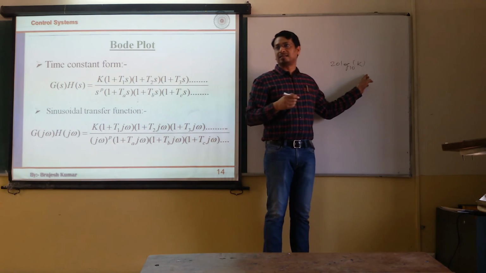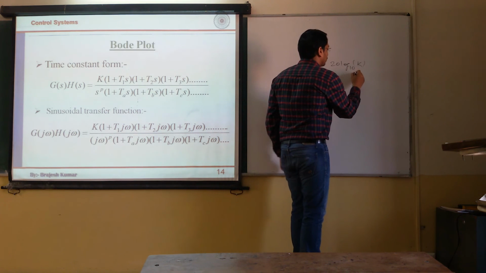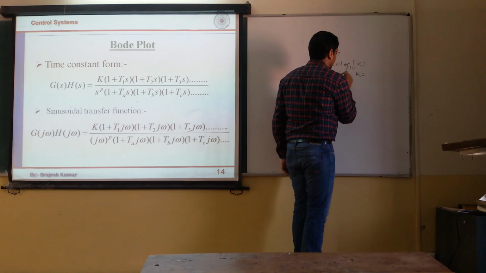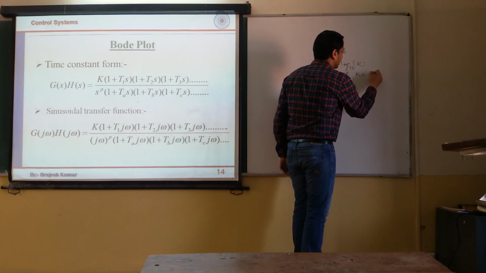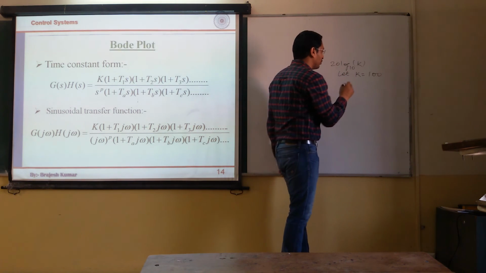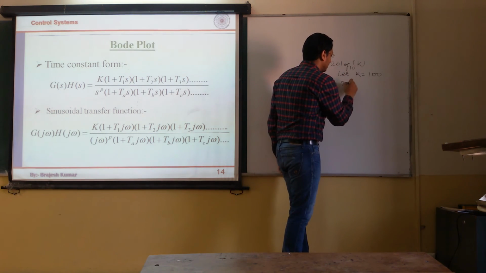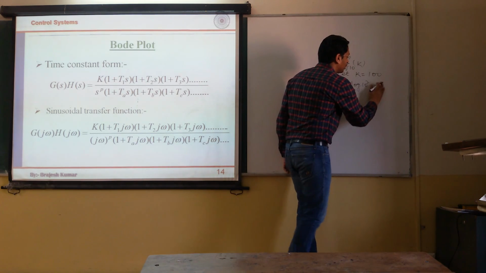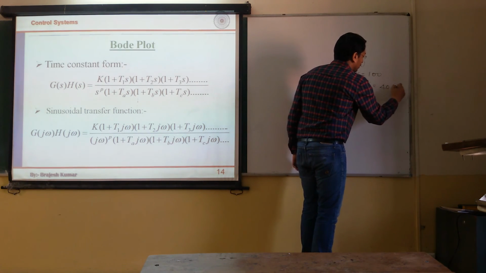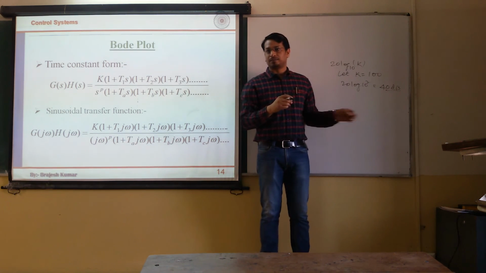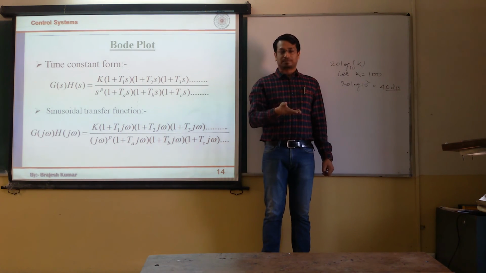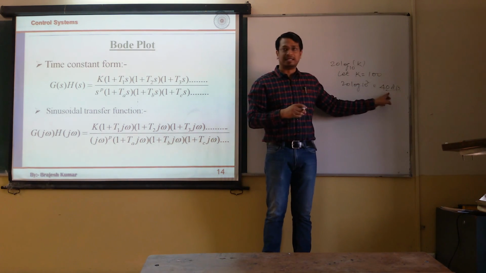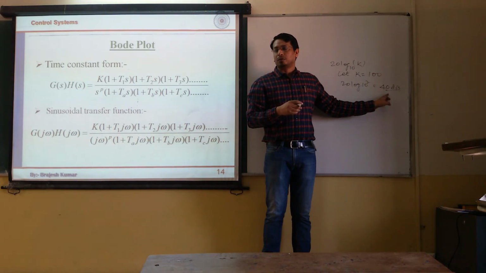Suppose gain K is 100. So your magnitude contribution will be 20 multiplied by log 100, that is 40 dB. So on the graph sheet, the whole graph is going to be shifted by 40 dB with respect to the value of gain K equal to 1.